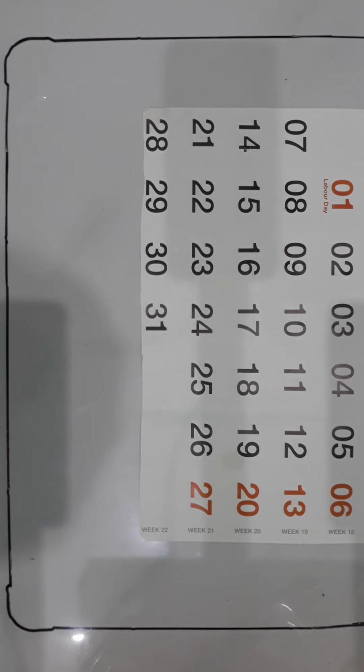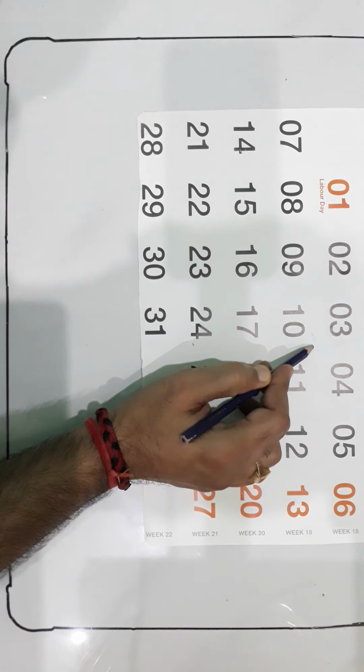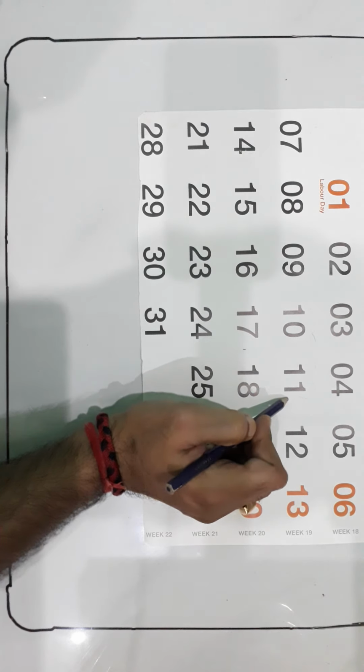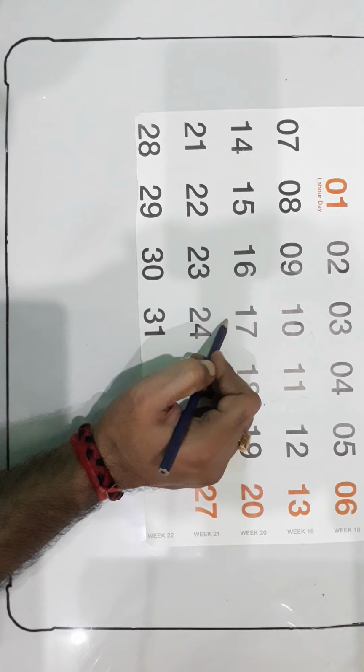Now here what you have to do is you have to select any 4 dates mentally that form a square. So you can select any of the days. For example, if I take 10, okay, then I'll be taking 11, then 18, then 17.